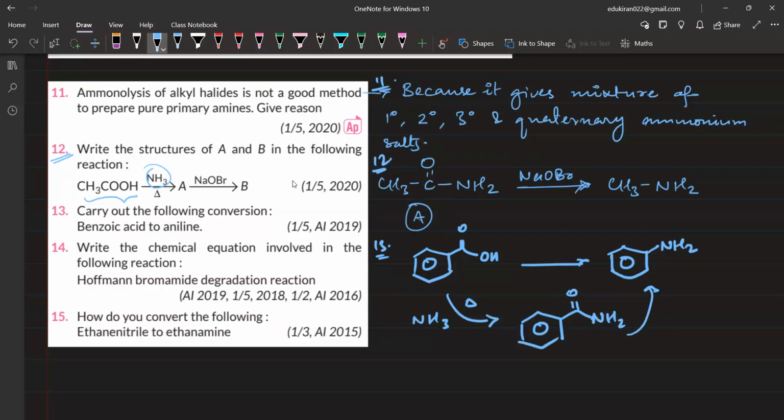From the amide to aniline I can remove the CO by using NaOBr or NaOH in the presence of bromine. Okay, Hoffmann bromide degradation, which we have just seen.